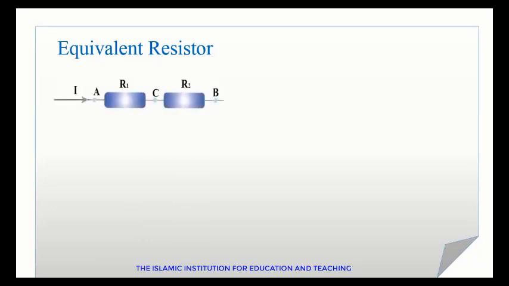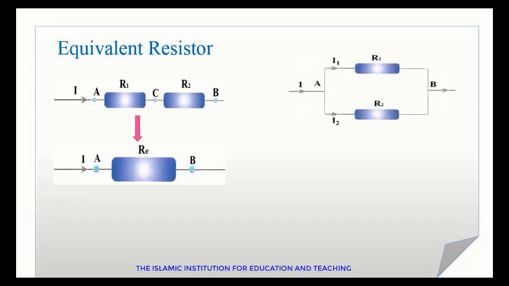Here we have R1 and R2 in series. Each resistor carries current I. The voltage across the grouping is UAB. This grouping of resistors is equivalent to a resistor called R equivalent or equivalent resistor, which carries the same current I under the same voltage UAB. Similarly, we have R1 and R2 in parallel.